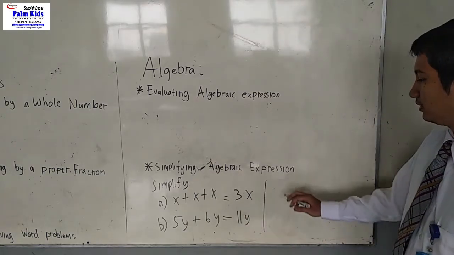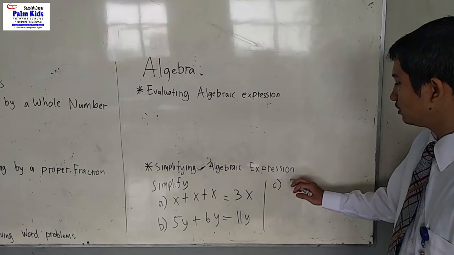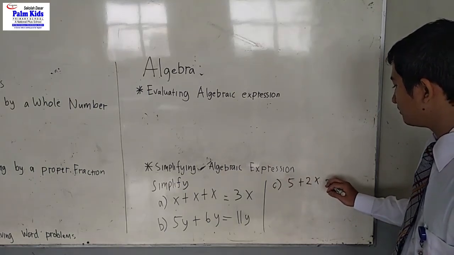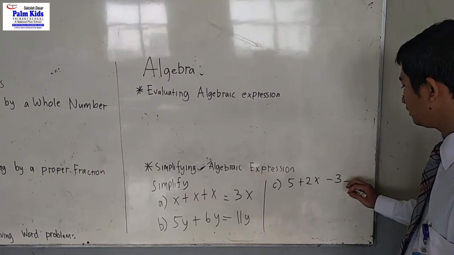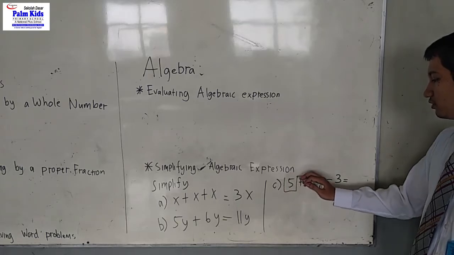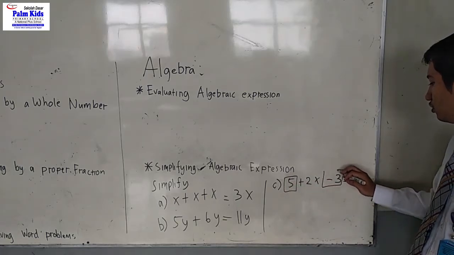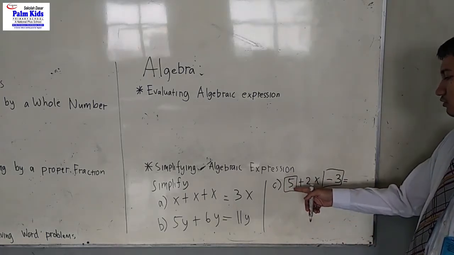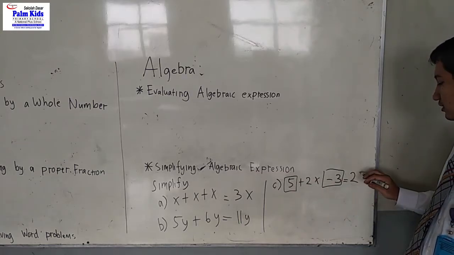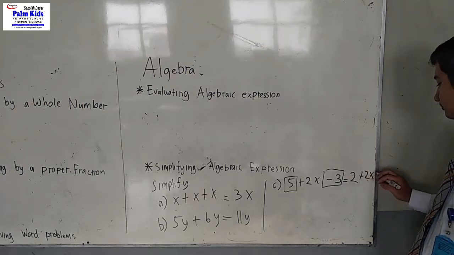The third example is 5 + 2x - 3 equals to, now in here you have to group the numbers only with the numbers, and letters only with the letters. So 5 minus 3 is 2. 2x is just 2x.